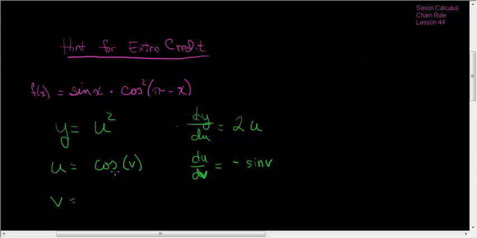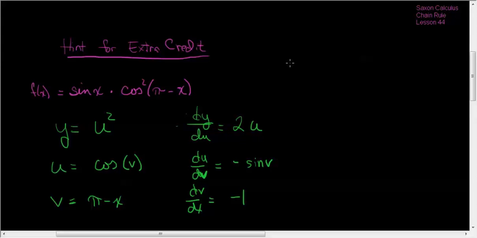What's inside the cosine is pi minus x. So now what is dv dx? It's just negative 1, right? The derivative of pi is 0, derivative of negative x is negative 1.